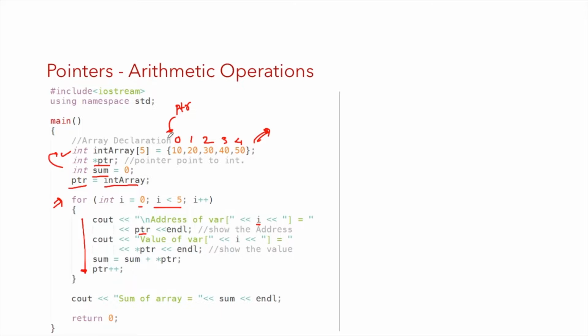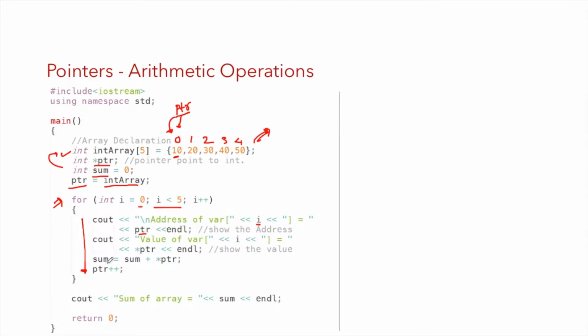Because ptr is a pointer and it is initially pointing to the first location, it will display the address of this particular array element. On the next line, we are displaying the value of variable I equal to *ptr. Again, *ptr is nothing but the value at the address location of this variable. Whatever the value is here, which is 10, 10 will be printed.